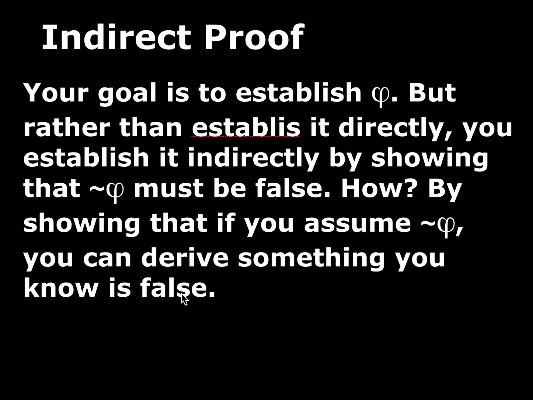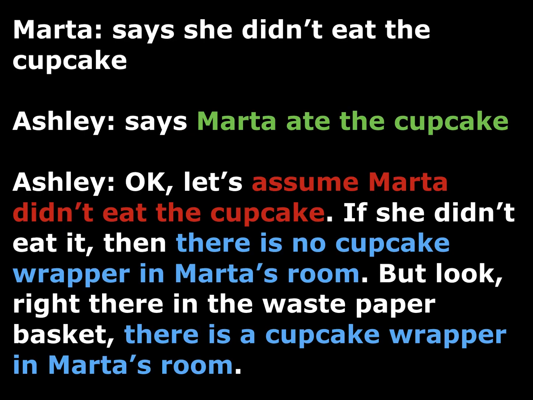Because if you were applying the rules to only true things, you'd never be able to derive something false. So something you were using the rules on has to be false, and the only culprit is the assumption you made, not phi. That's the basic idea.